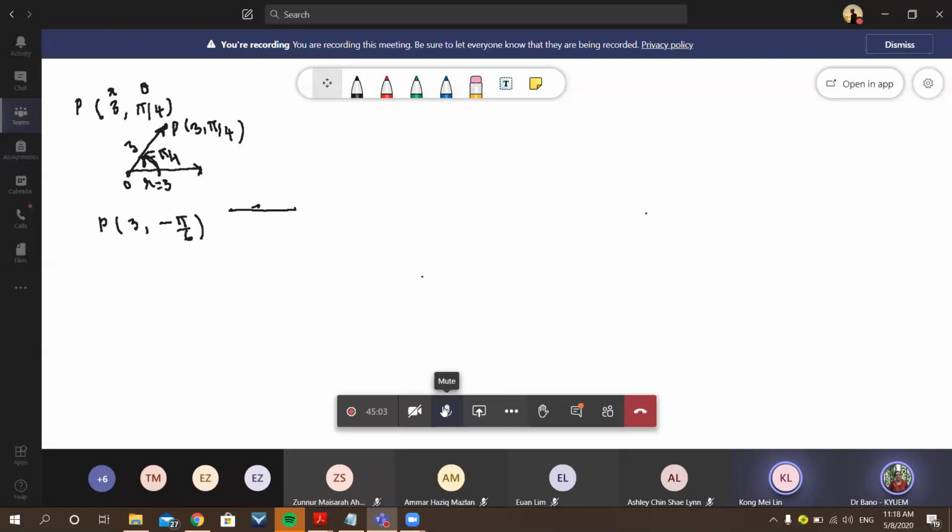Now you see here, we can write down x is equal to R cos theta. Is this okay? And y is equal to R sin theta.